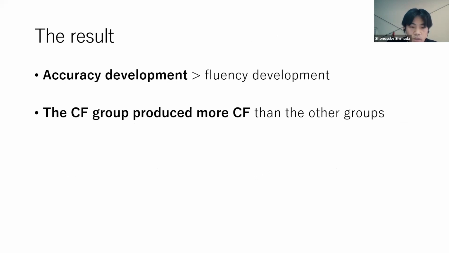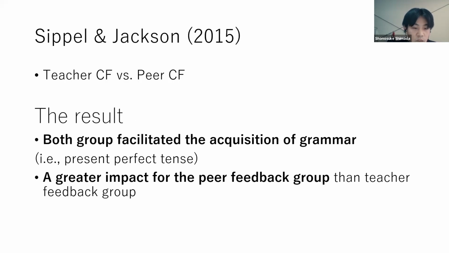Additionally, students who had CF training produced more CF than the PI only and the control group. Another study was conducted by Sippel and Jackson, which compared the effects of teacher CF and peer CF. During the intervention, students in the teacher feedback group were given CF by teachers, while those in the PCF group were taught how to provide CF to each other.